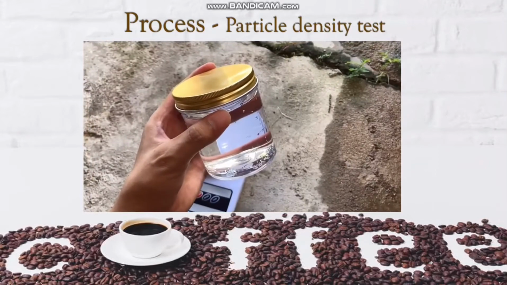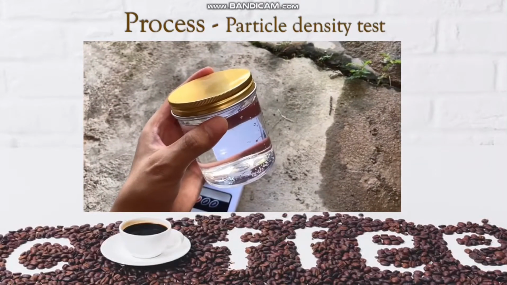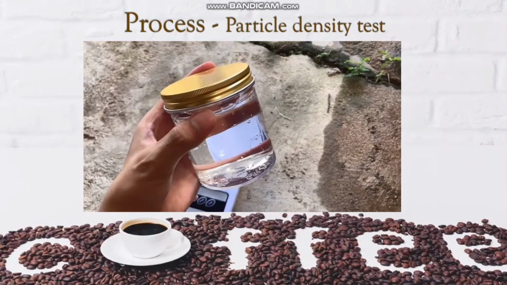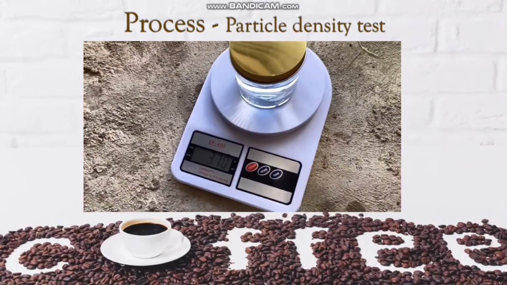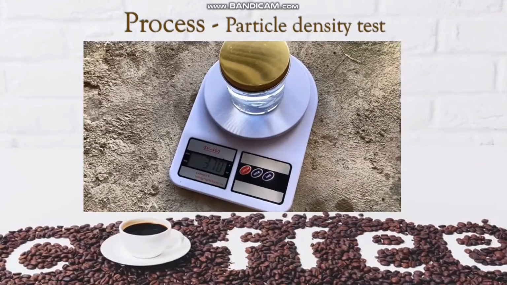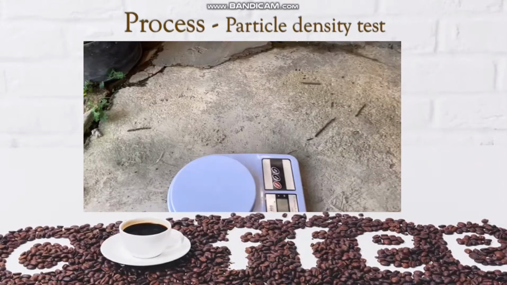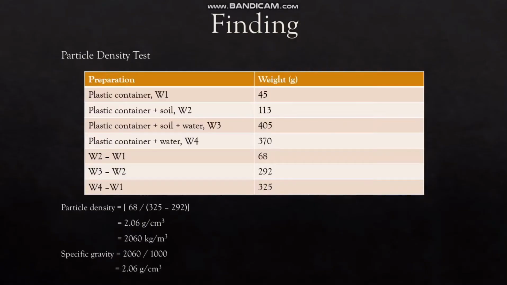Okay, now we will measure the weight of the water with the container. It is 370 grams. These are the results of the particle density test. The particle density that we got is 2060 kg per meter cube, and the specific gravity is 2.06.